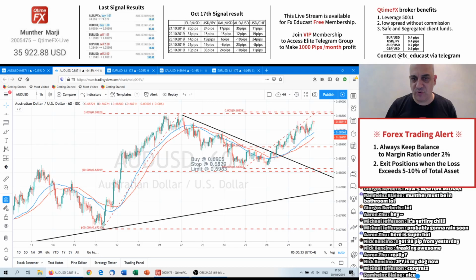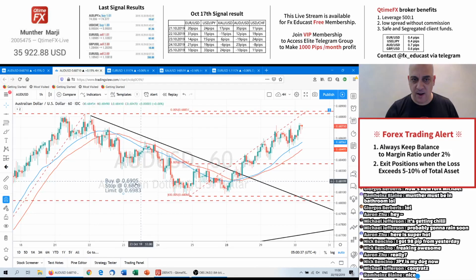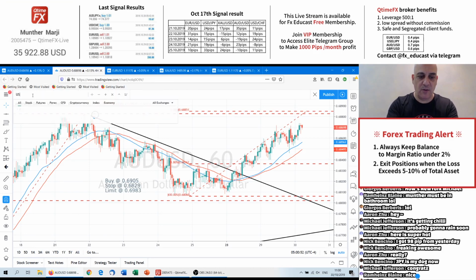We had a buy for the Aussie at 69.05. Up until now, we are around 35 pips below that. Our stop is 68.29. Our limit is 69.80. We also had something for the yen.